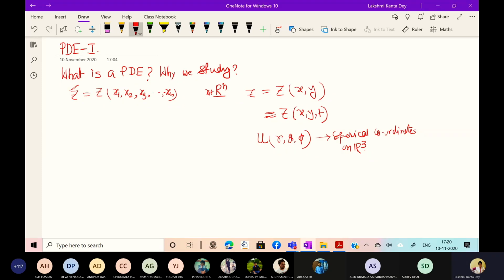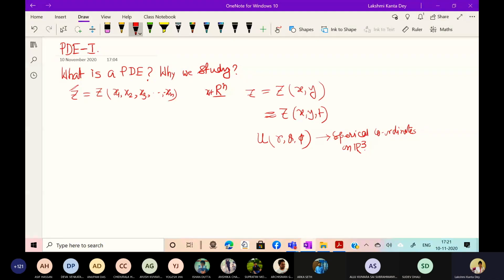So formally, what is a partial differential equation? Any differential equation which involves partial derivatives of one or more unknown functions of two or more independent variables is known as a partial differential equation. You know the definition of a differential equation, particularly ordinary differential equations. Where is the difference here? In the case of an ordinary differential equation, there is one independent and one dependent variable.